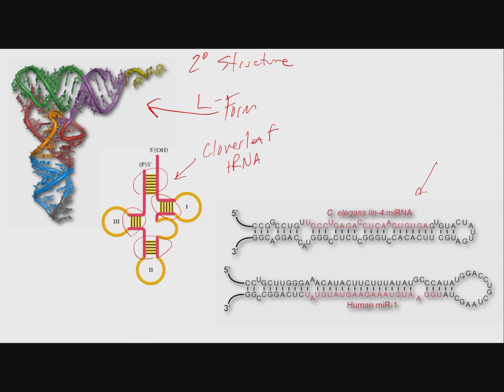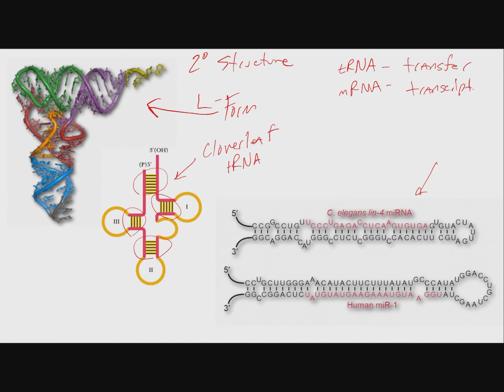Let me just list them. So we've got tRNAs, transfer RNAs. These are for bringing amino acids into the growing peptide chain. We've got mRNAs. These are synthesized from the DNA as an intermediate in transcription.